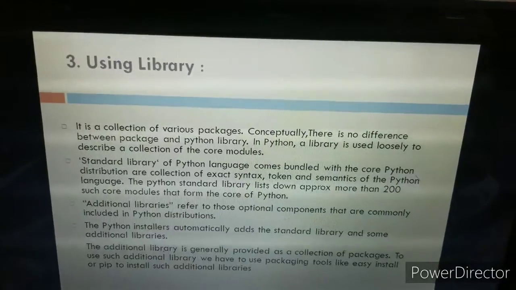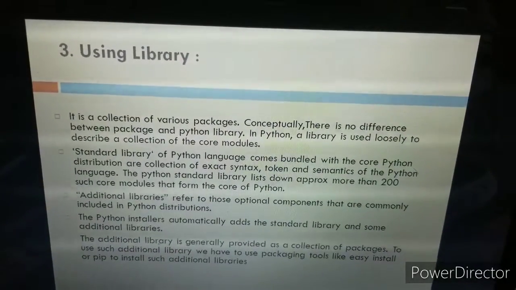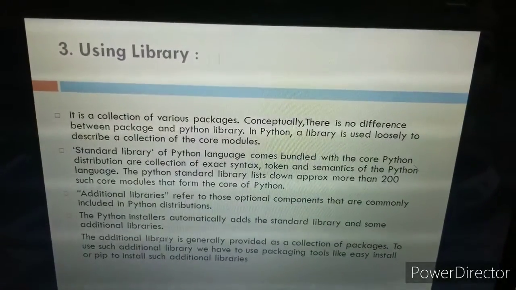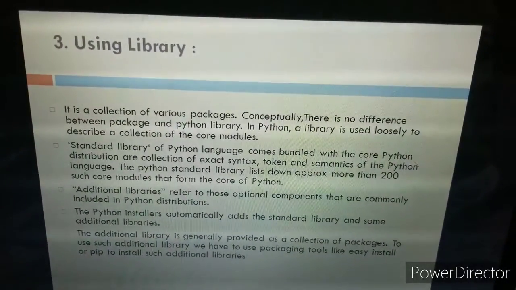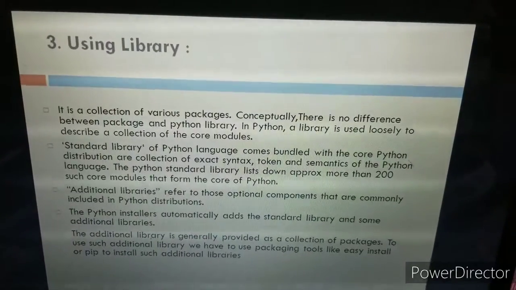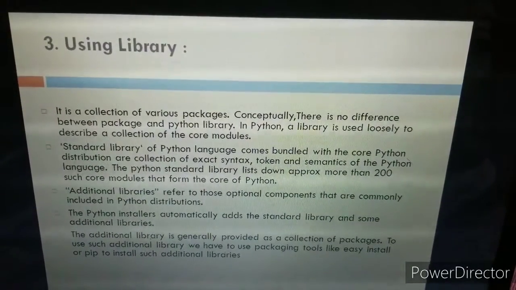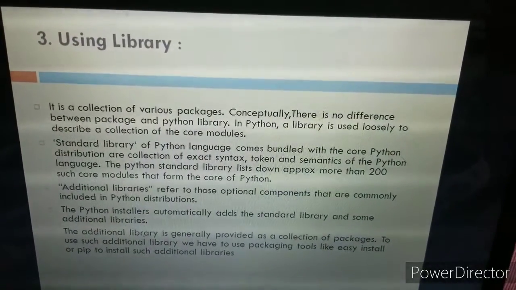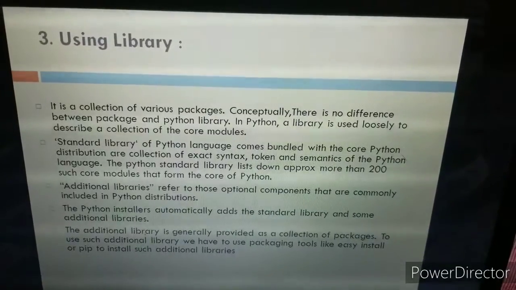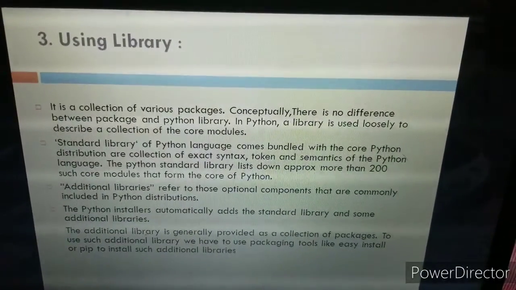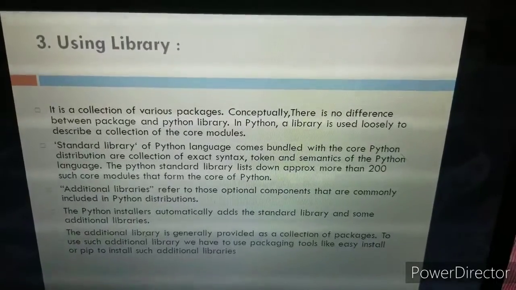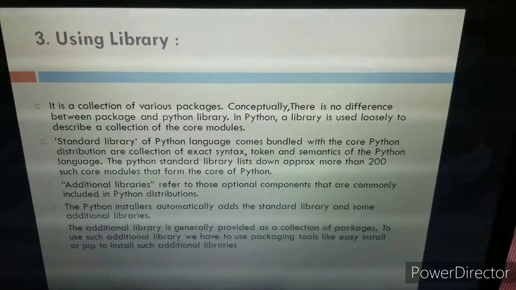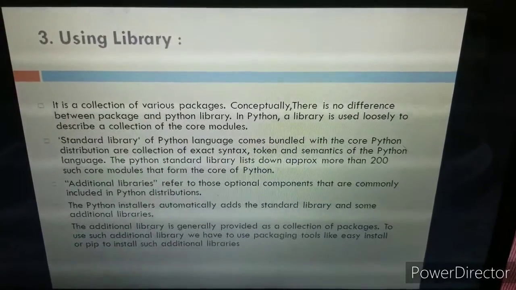Coming to the third part, which is the library. Here we are using the standard library that we covered in our previous topic. In the standard library, as we know, we have different modules: math, random, string, date, and time. Those built-in functions are basically used in the standard library. A library is a collection of various packages, and in the standard library of the Python language we have many modules, and those modules are used to form a package.